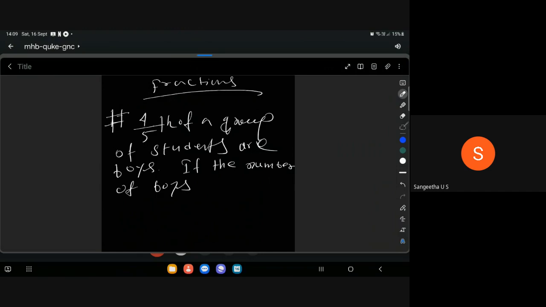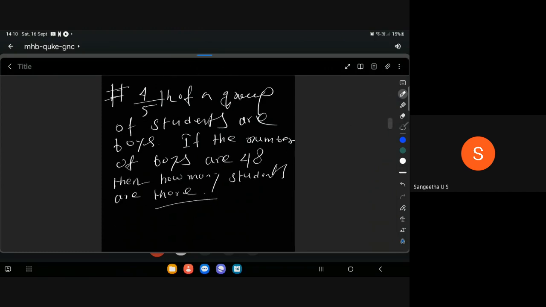If the number of boys is 48, then how many students are there? The question is, there is a group of students.